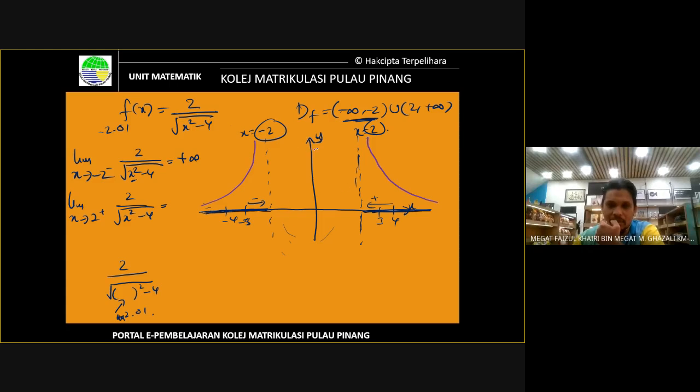There is no graph in between. Why? Because the domain we have stated here is from negative infinity until negative 2, and 2 to positive infinity. That's it.